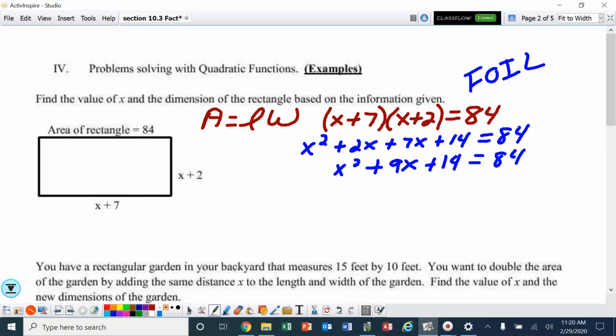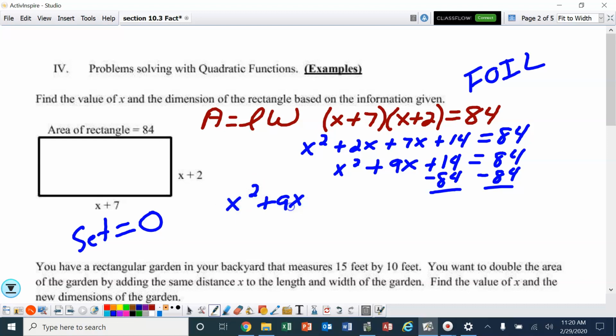Now, in order to solve this, it must be set equal to 0. So that means we need to take away 84. So x squared plus 9x minus 70 equals 0.